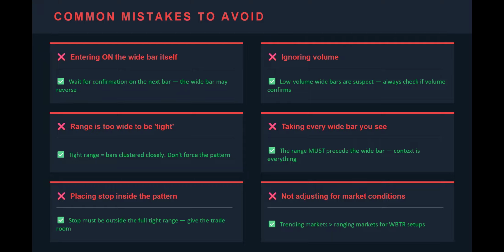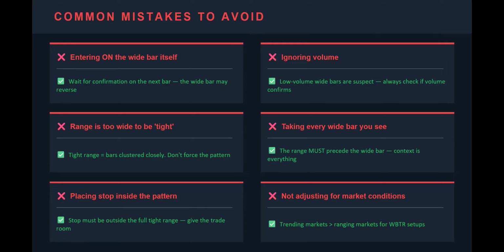Volume has to be confirmed. This widest range bar should be accompanied with volume. So enable the volume indicator on the chart. It is available free, and if big volume is accompanying, that is confirmation. Always check if volume confirms.